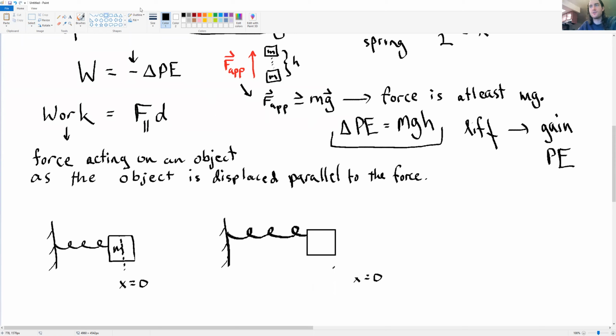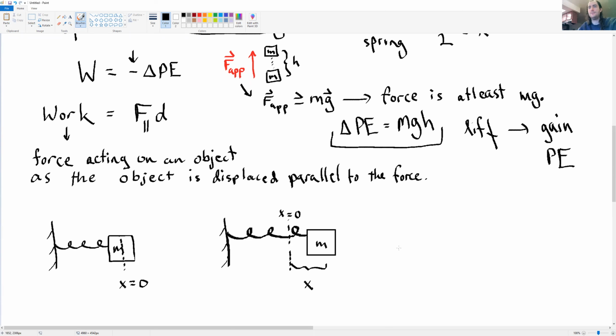Okay, it's been stretched roughly this much. You can draw in your notes a little bit better scale. Exaggerate the stretching a little bit. And this right here is x equals 0.